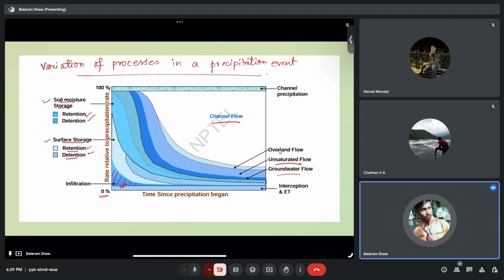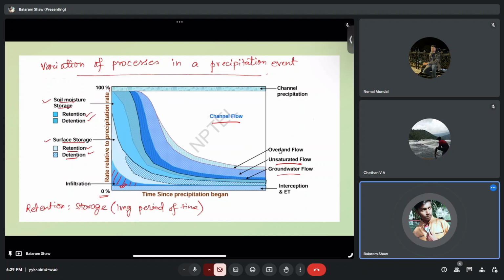What is retention? Retention is storage that is held for a long period of time, and it is depleted by either evaporation or infiltration.